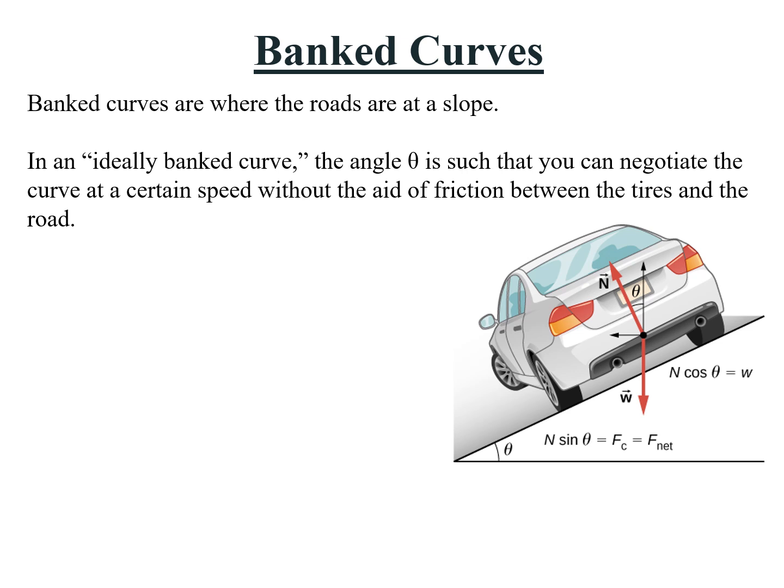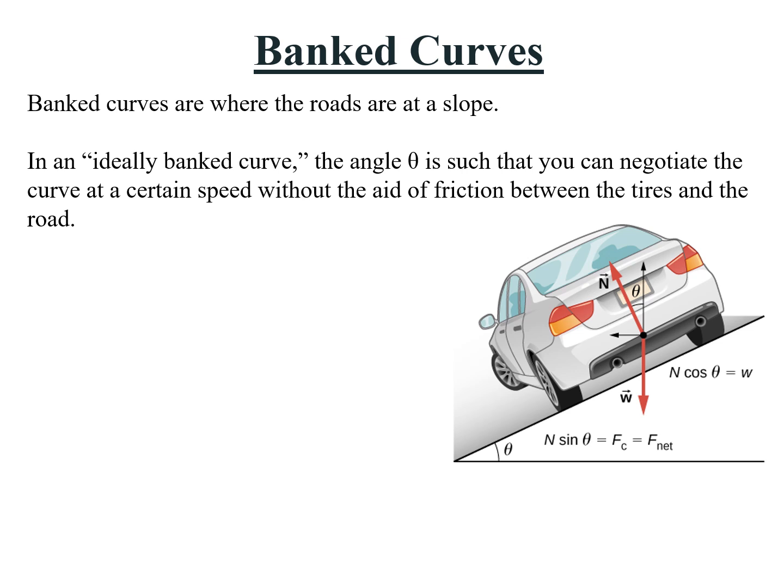Let's now consider banked curves, where the slope of the road helps you negotiate the curve. The greater the angle, the faster you can make a curve. You might have looked at a race car track, and you should note that on the race car track, the road is at a slope. They do that because the slope helps drivers make a turn at a high speed.